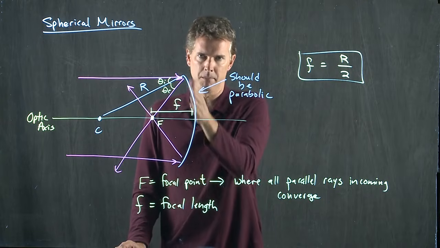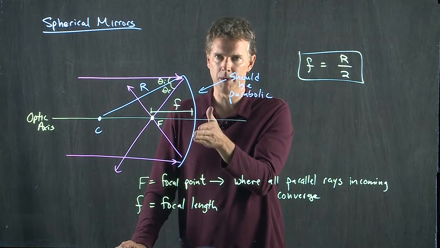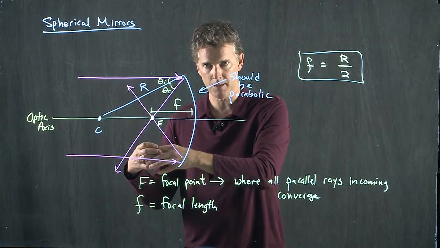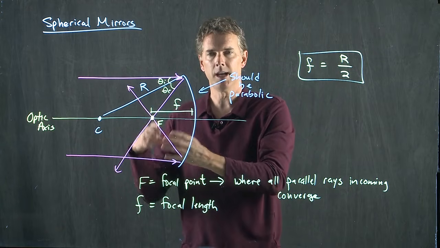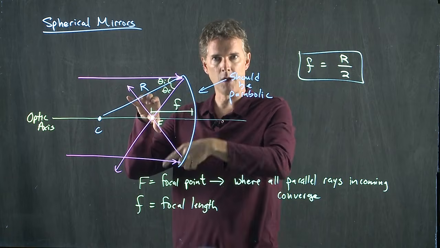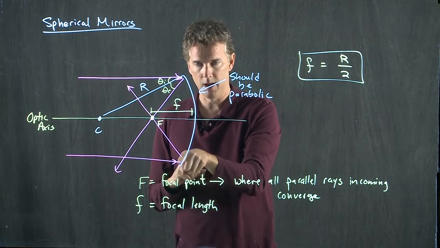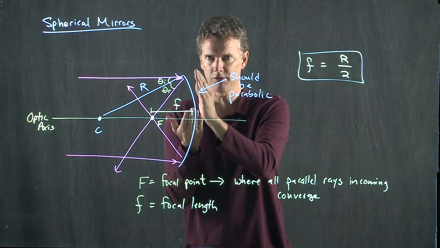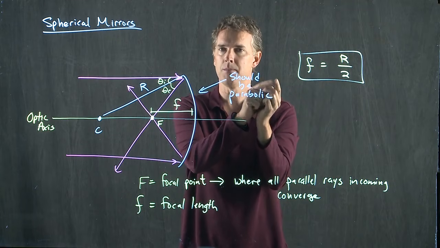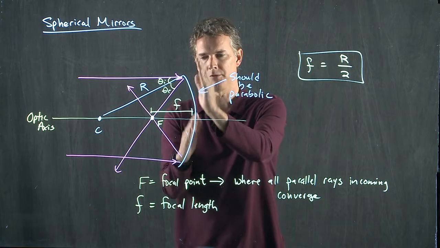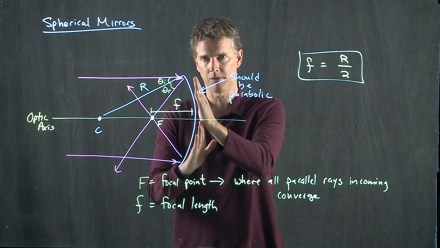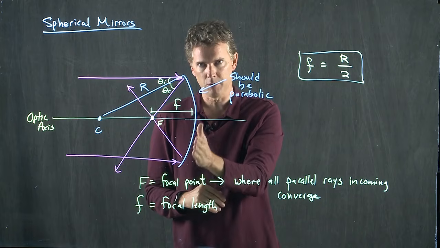Spheres are really easy to make. Why are they easy to make? Because when you go to the machine shop, everything works on rotational principles, right? You go to the lathe, it has a big cutter on it that rotates in an arc. And so it's very easy to make circles. It's hard to make parabolas. And that's why typical astronomy telescopes, cheap astronomy telescopes, have spherical mirrors.